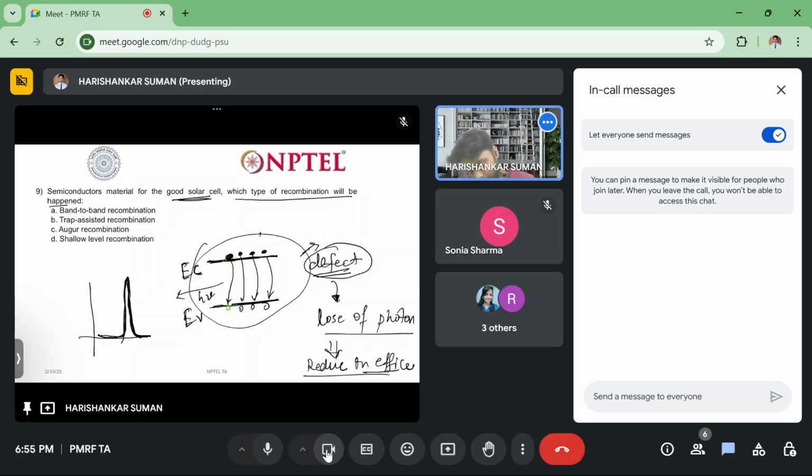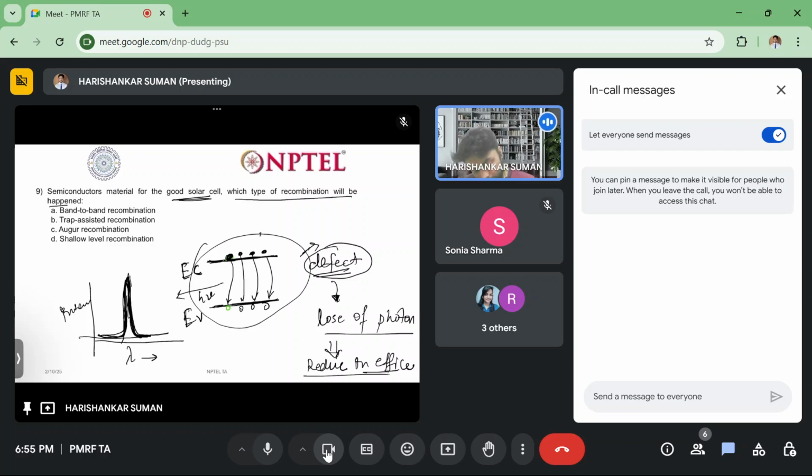So if you want to study the defects, you have to measure PL. This side is intensity, this side is wavelength. So you will get a sharp peak near the band gap.